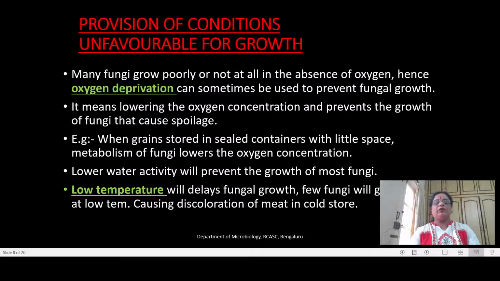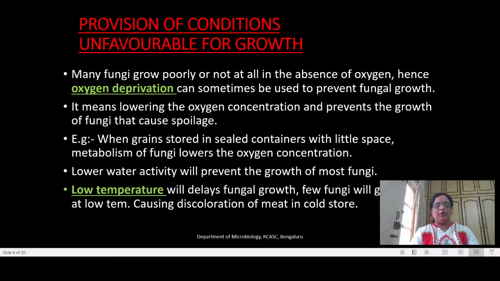That is, especially in some packed food items, they seal the container so that oxygen entry is stopped. If the oxygen concentration is low, the fungi cannot grow at all. Hence, we are providing such an unfavorable condition so that the growth of fungi can be inhibited.